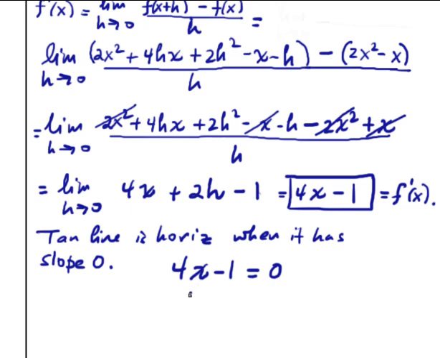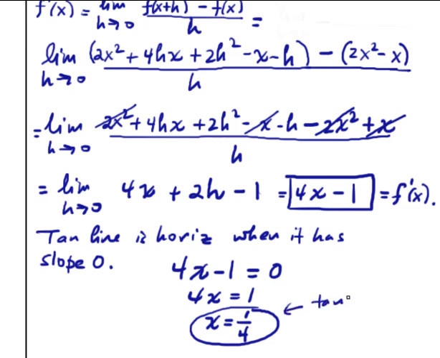It's a simple equation. We have 4x is equal to 1, or x is equal to 1/4. So when x is equal to 1/4, the tangent line is horizontal. Tangent line horizontal at x equal 1/4. So that answers our question.